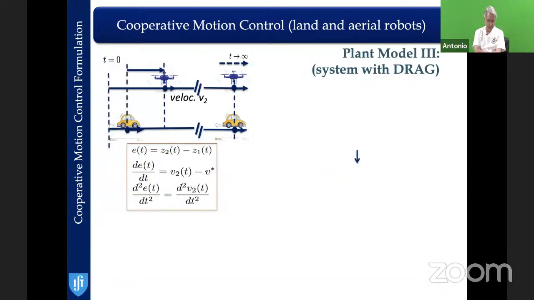Okay, and then you can complicate this a little bit if you have the system with drag, because you have the error z2 minus z1. The derivative of e is V2 minus V star. So the second derivative of this, we have seen this stuff.